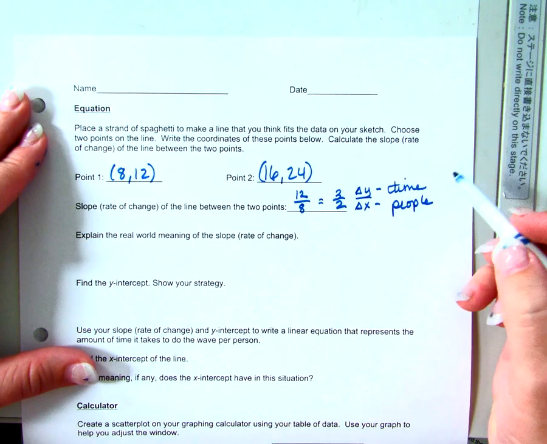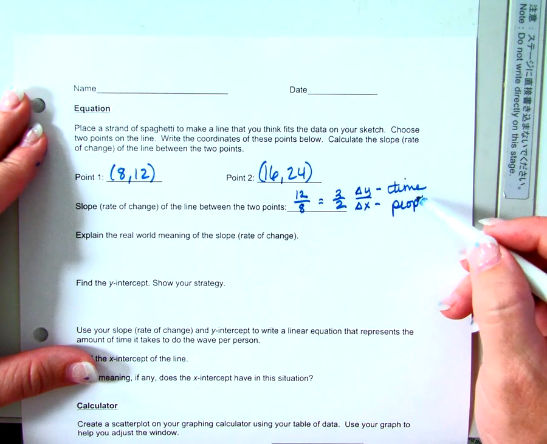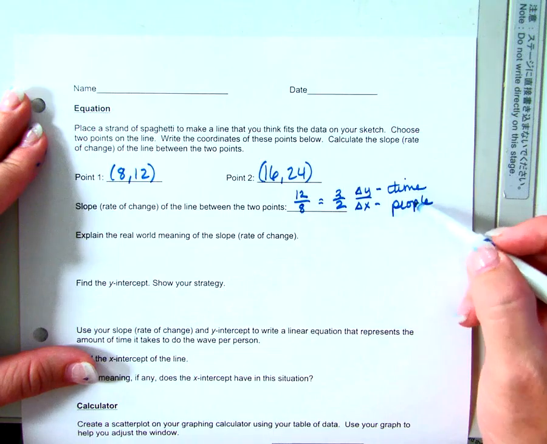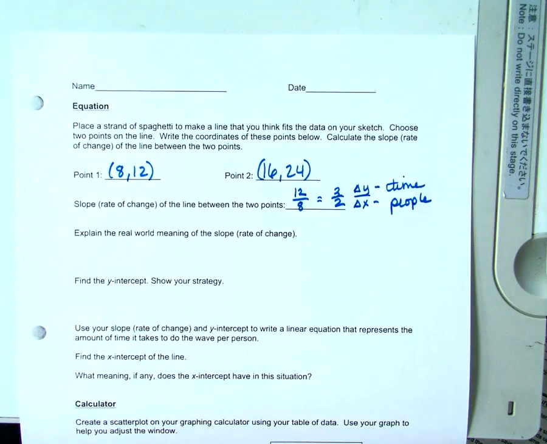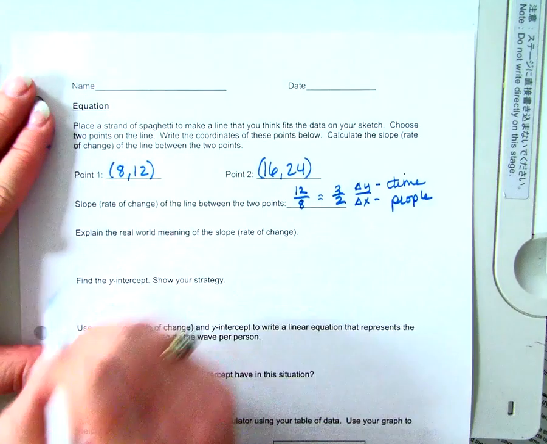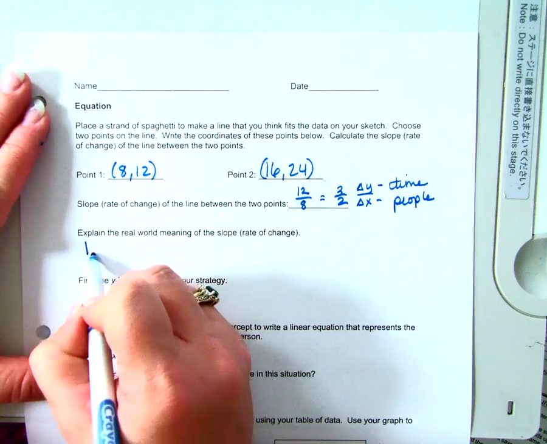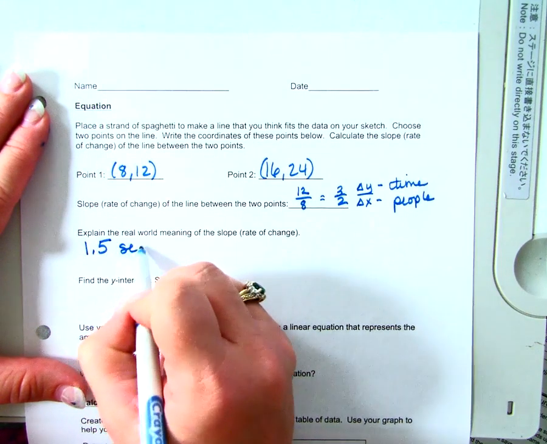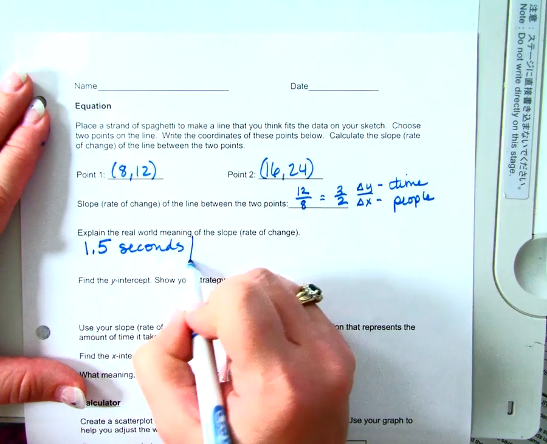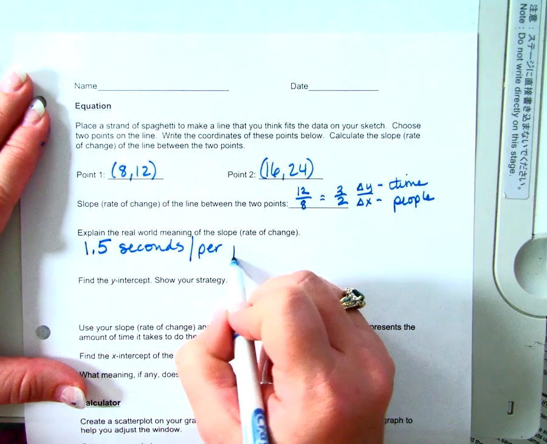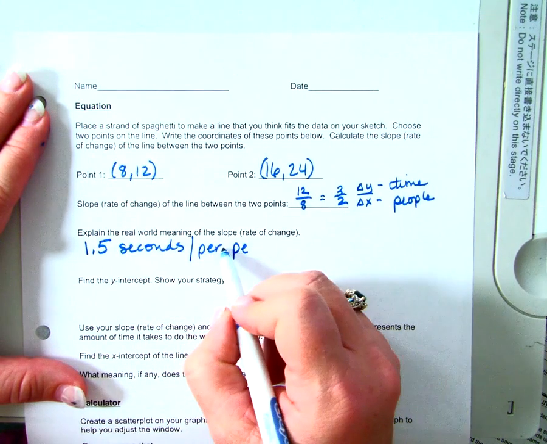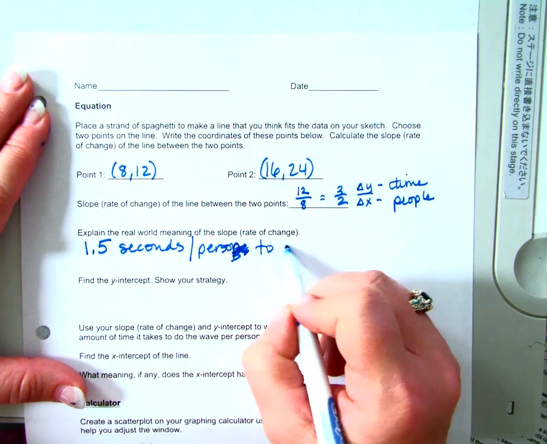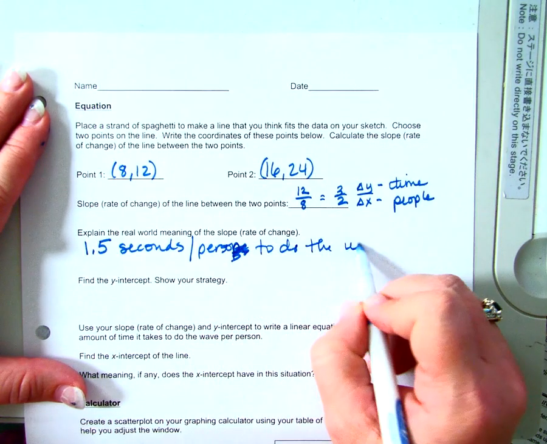So, 3/2 seconds per person. What does that mean? If I make it a little bit easier to understand, 1.5 seconds per person to do the wave. Right?